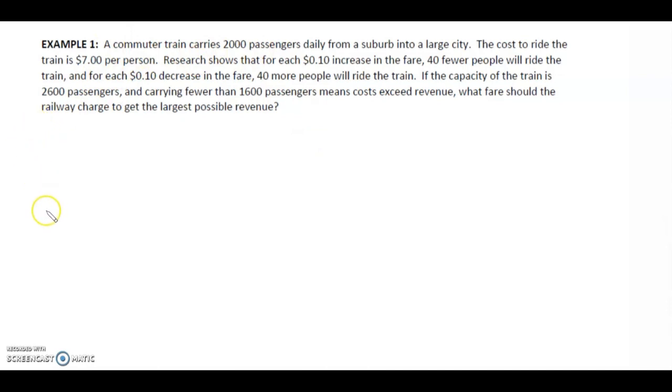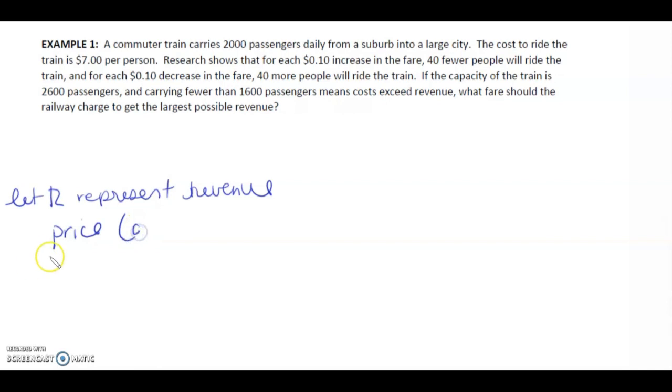What you want to start to think about is revenue. So let R represent revenue. And then we're going to talk about price, and quantity, which is the demand function.